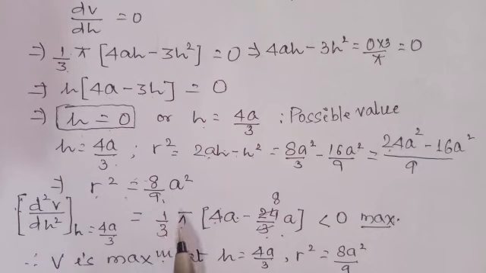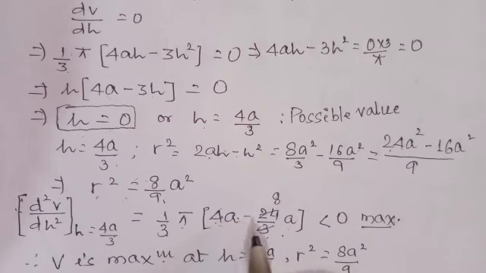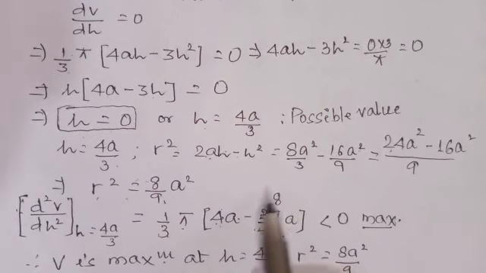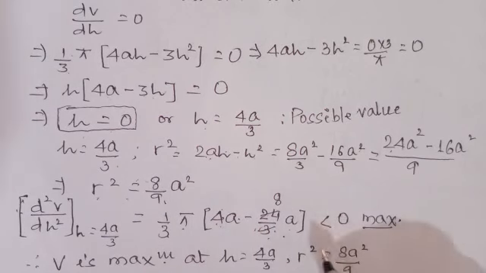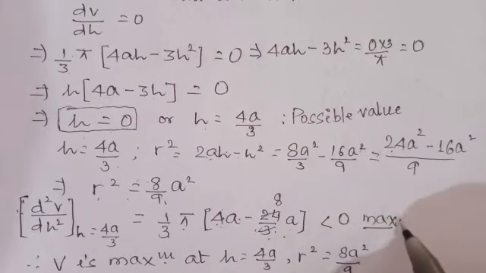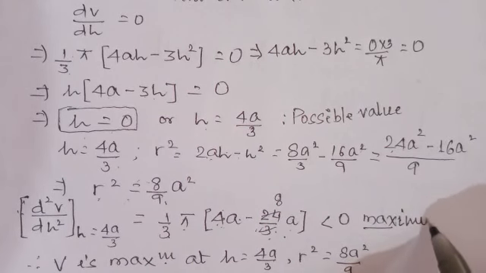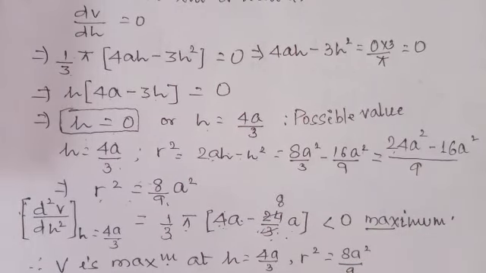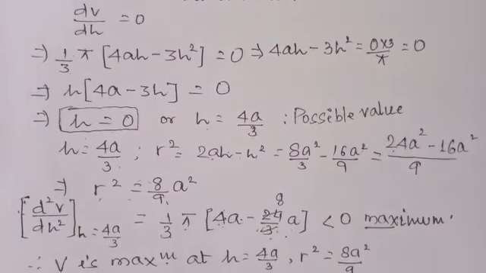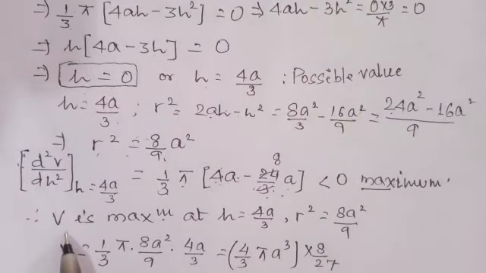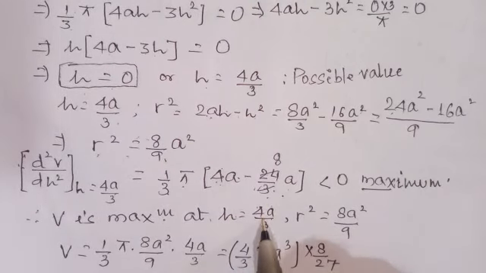So 1 by 3 pi into (4a minus 8a), that is minus 4a. Minus 4a means it is negative, and negative means it is less than 0. So we get the maximum value. Thus we may say that volume is maximum at h equal to 4a by 3 and r square equal to 8a square by 9.